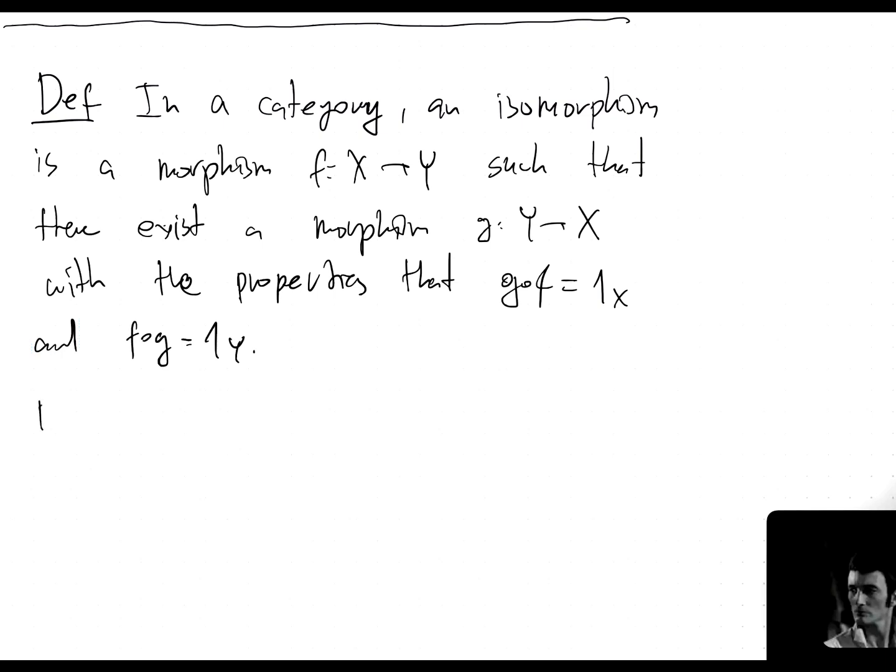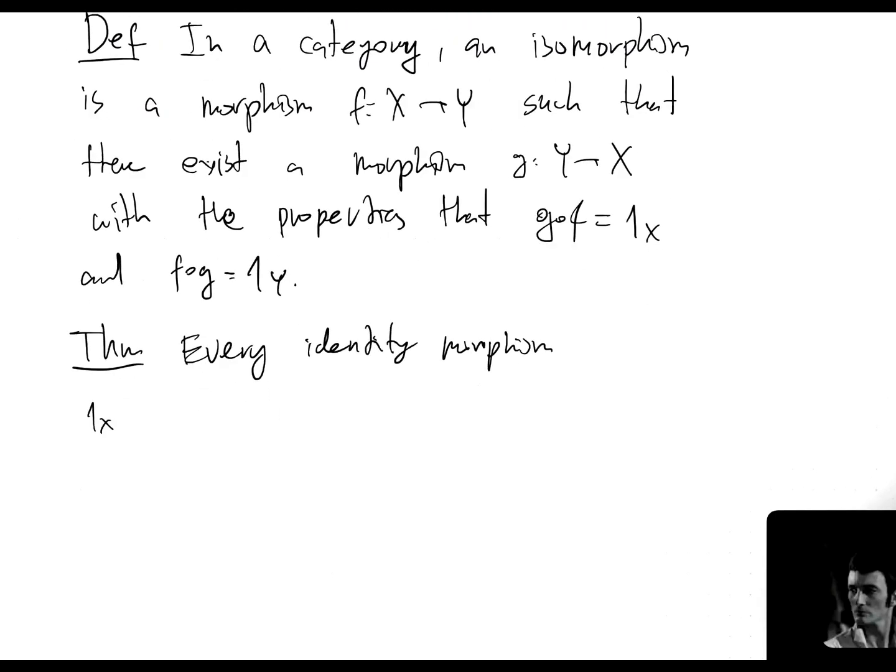Now, an obvious example of an isomorphism is the identity morphism, right? Maybe we should call this a theorem rather than an example. Every identity morphism is an isomorphism. What plays the role of G for an identity morphism?